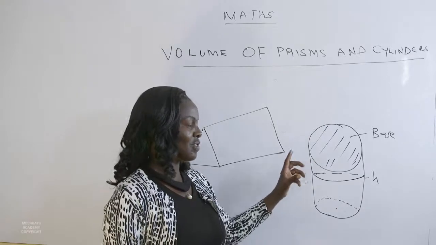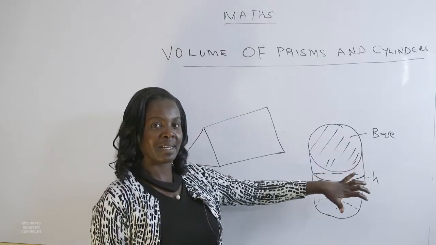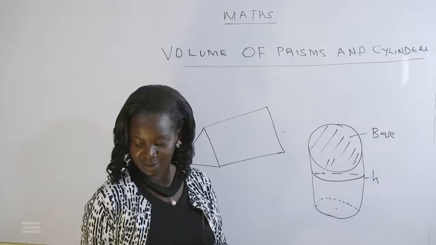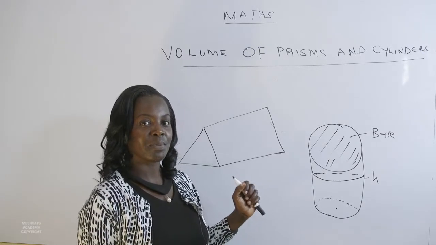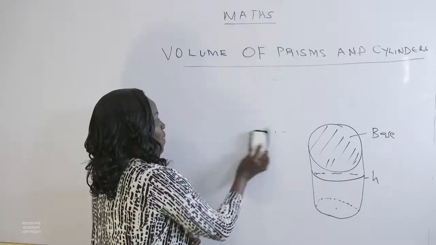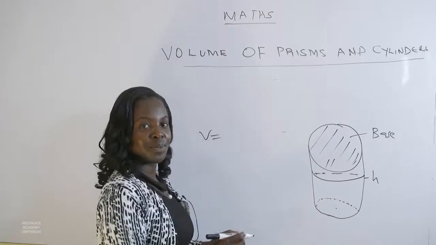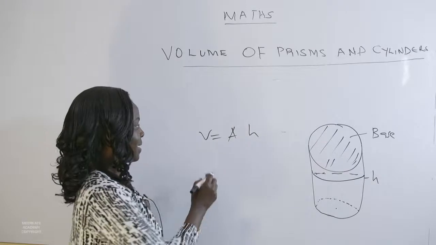The reason we have said it's not a prism is because this side is not made up of either rectangles or parallelograms. But it complies with the formula: volume is equal to base area times the height. So for a cylinder, to calculate the volume, we say base area times the height.